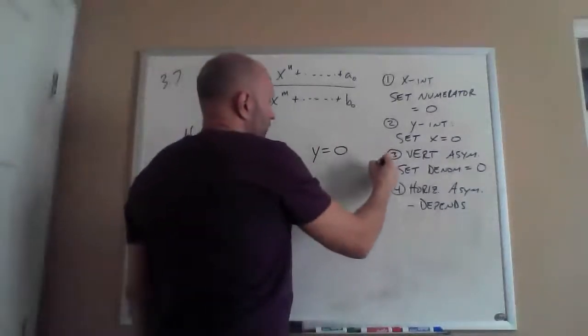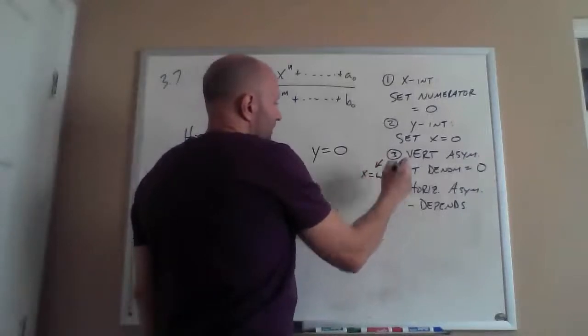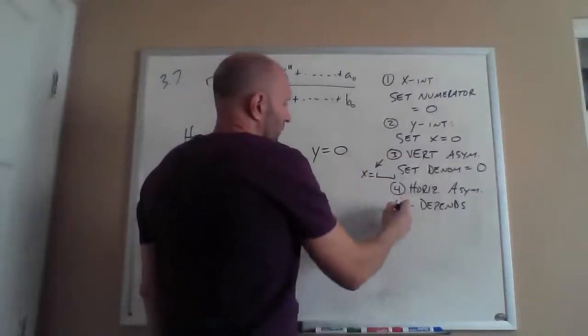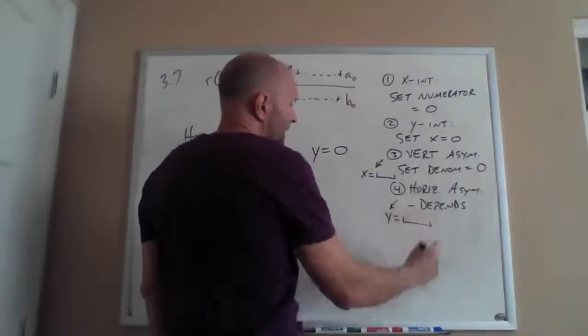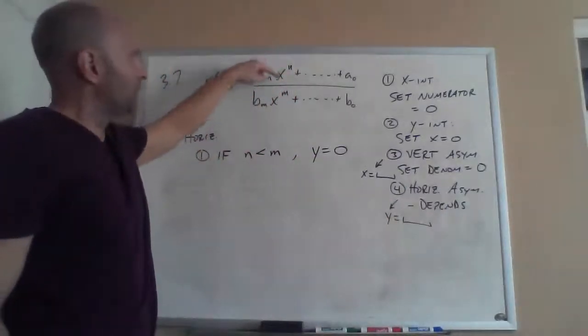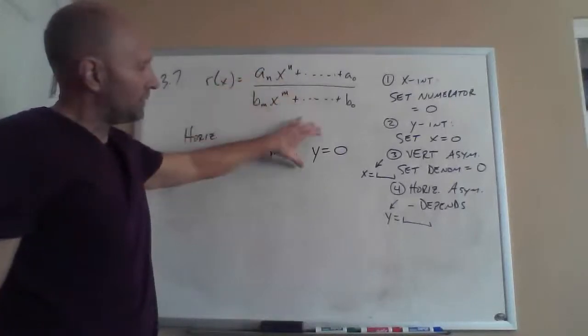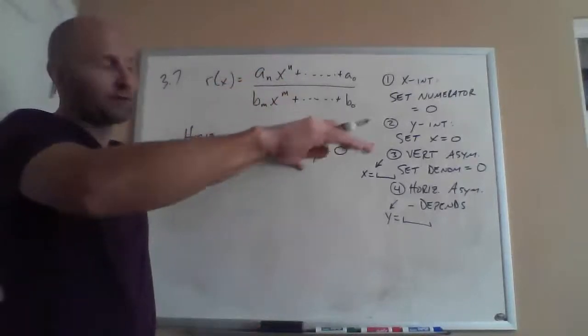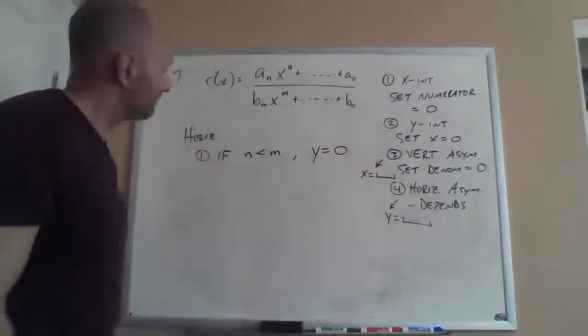So vertical asymptote is always going to have the equation x equals something. Horizontal is always going to be y equals something. So in this case, if the exponent in the top is smaller than the exponent in the bottom, the horizontal asymptote is just the x-axis, y equals 0.